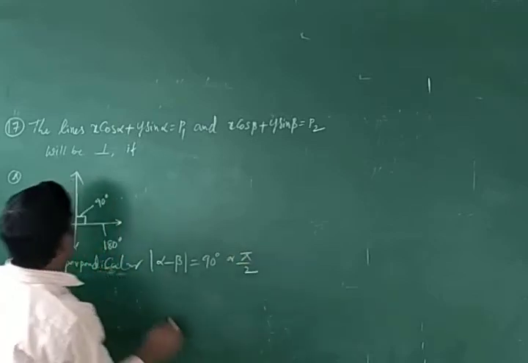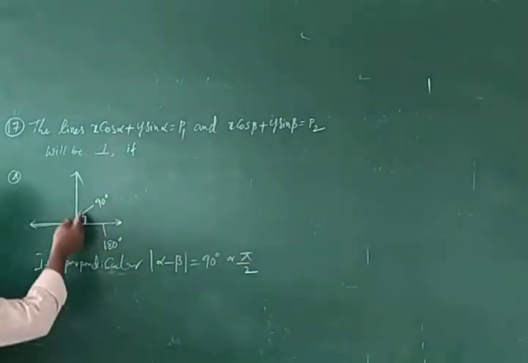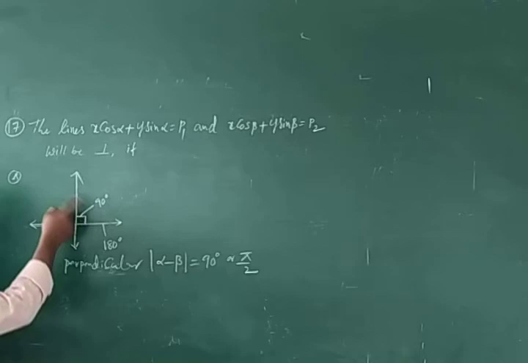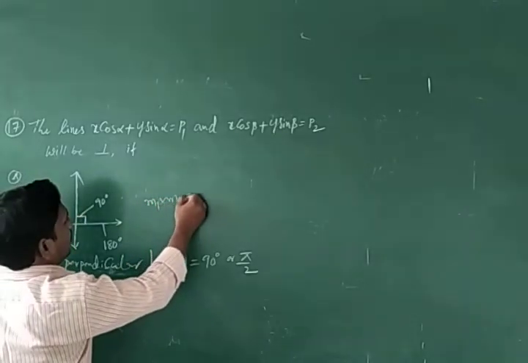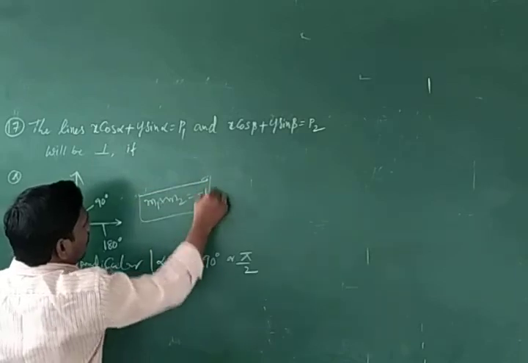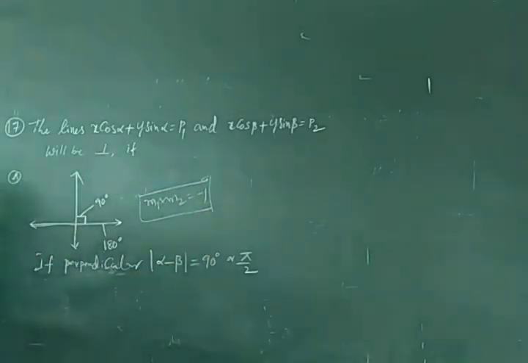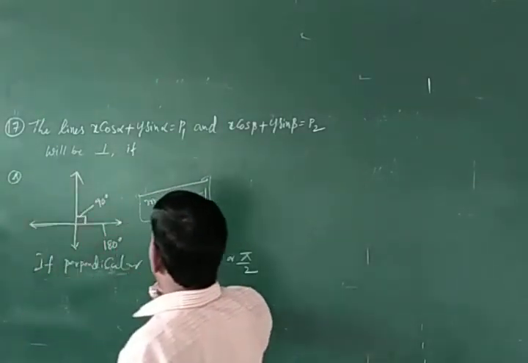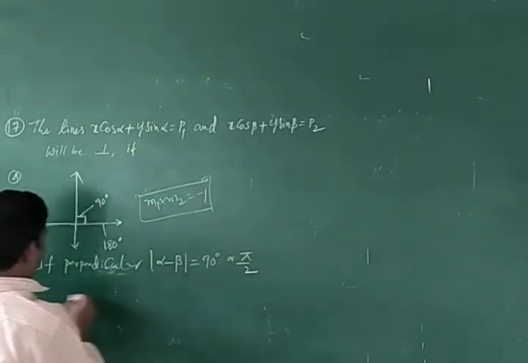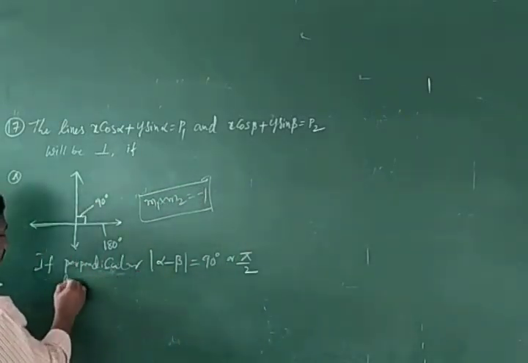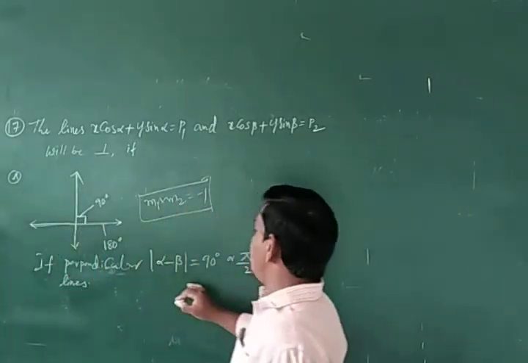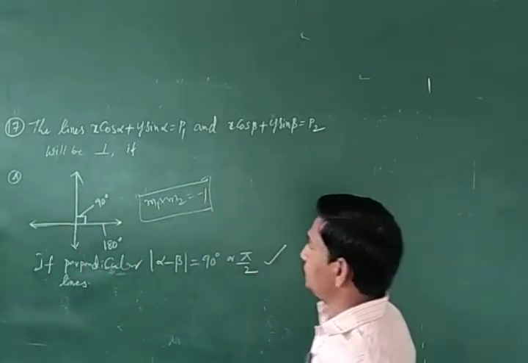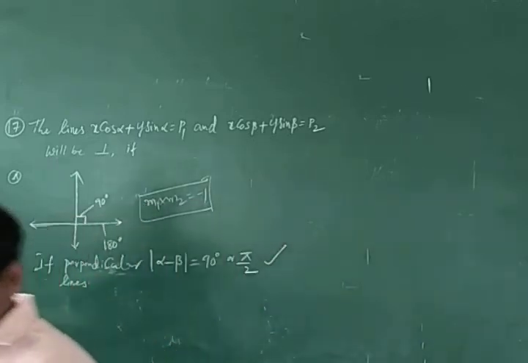Why? Because this is 180 degrees, this is 90 degrees. If both are perpendicular, the product of the slopes, m1 into m2, equals minus 1. So if the lines are perpendicular, mod alpha minus beta equals 90 degrees or pi by 2. No doubt.